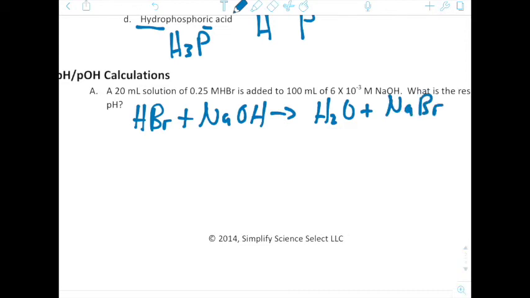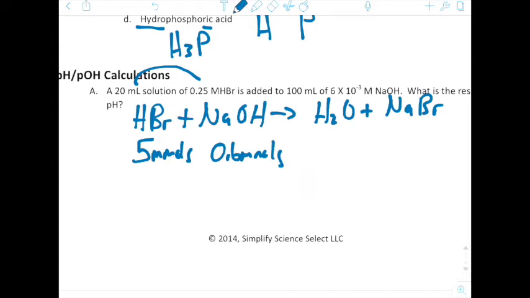So in the very beginning of this, you've got to look at how many moles we have of each substance, and we can work from here. So all you do is multiply the volume times the molarity, so 20 times our 0.25, and we get 5 millimoles of our hydrobromic acid, and then 100 milliliters times our 6 times 10 to the negative third, and we get 0.6 millimoles.